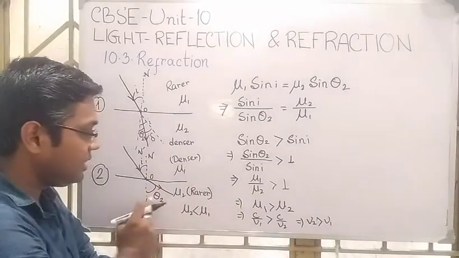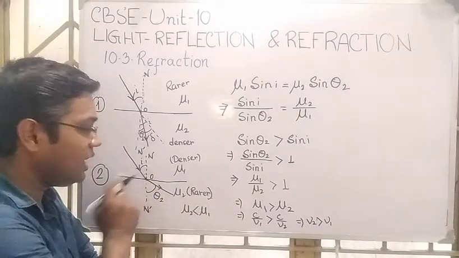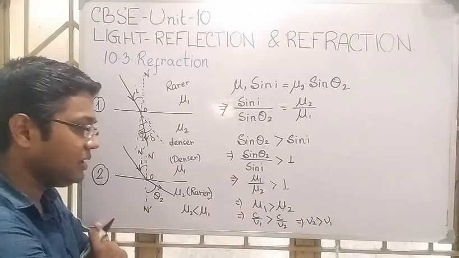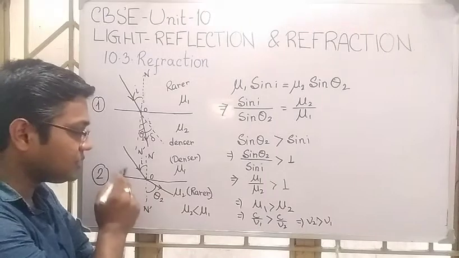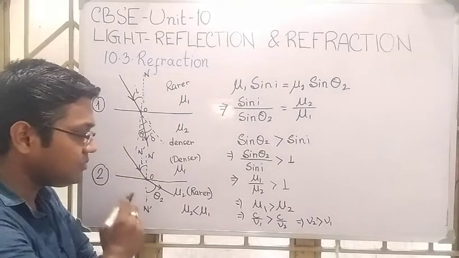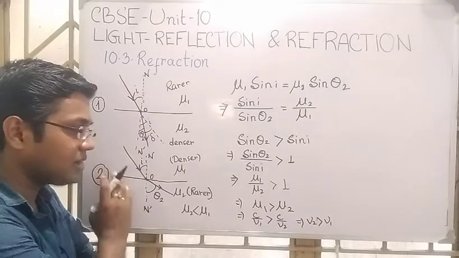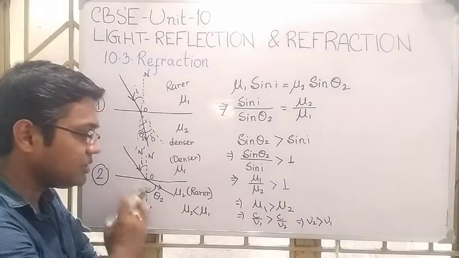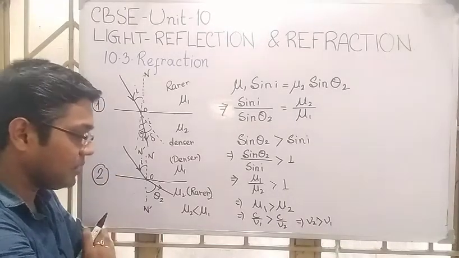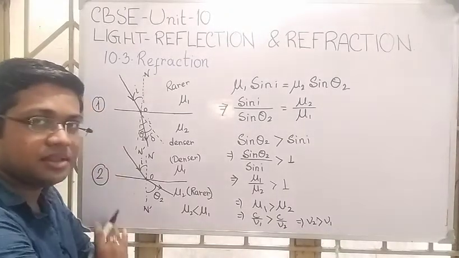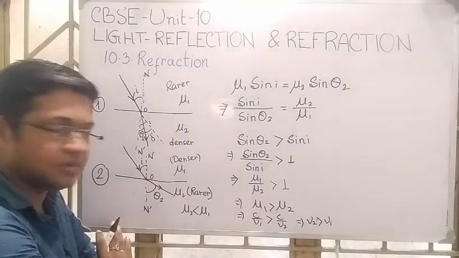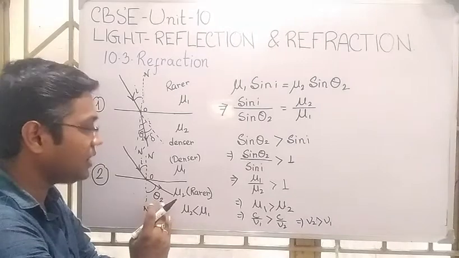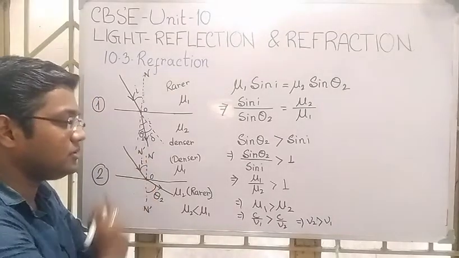If it is, then theta 2 is greater and i is less. So you can say if the light refracts from the denser medium to the rarer medium, at that time the light bends away from the normal. Here it is bent away, there it is bent towards the normal.